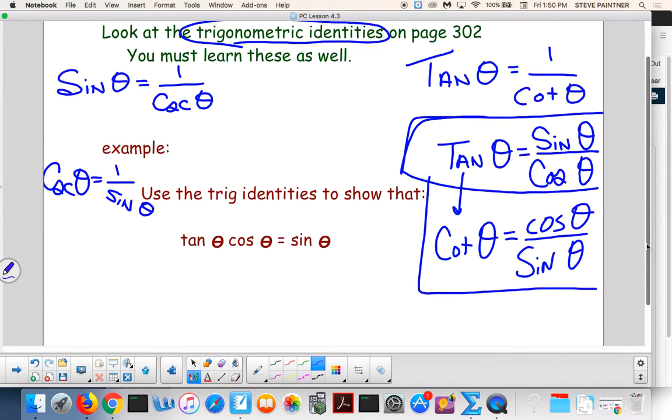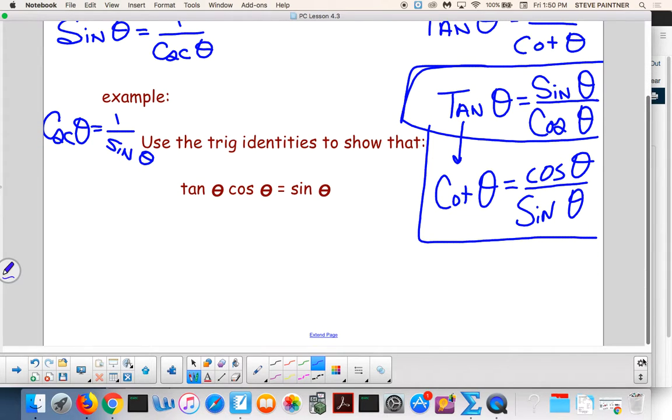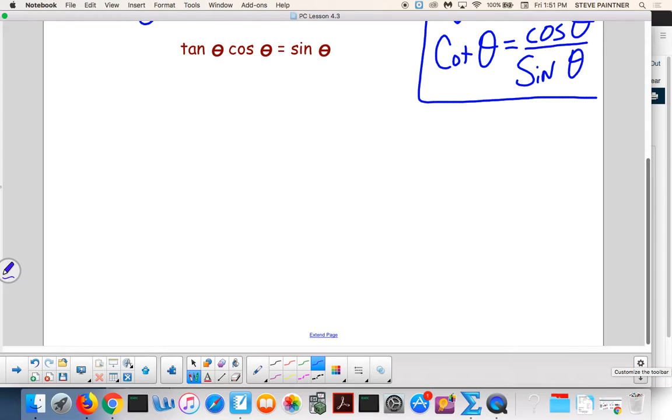Then there's the Pythagorean identities. You remember those? Whatever equals whatever? It sounds like the Pythagorean theorem: something squared plus something squared equals something squared.